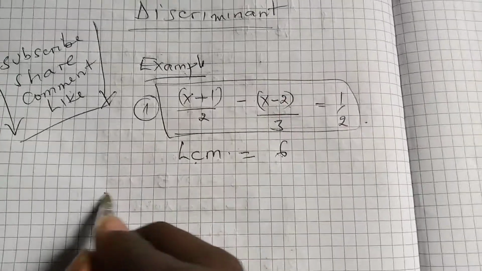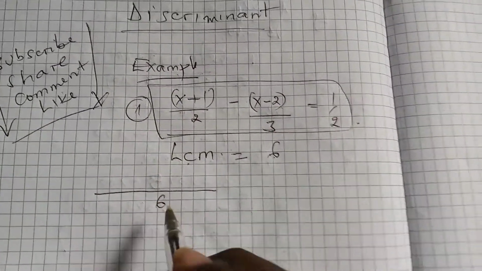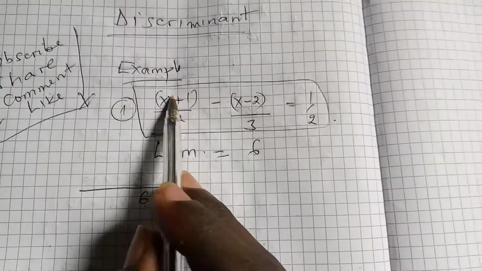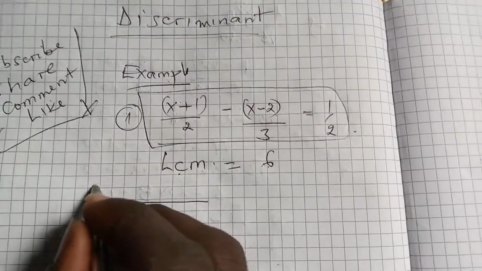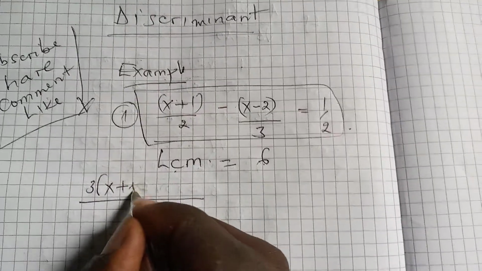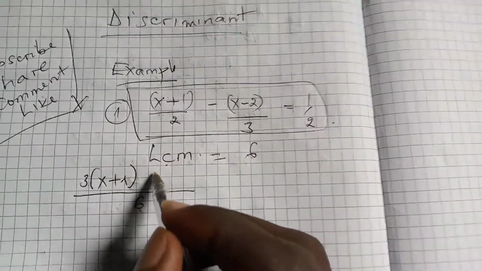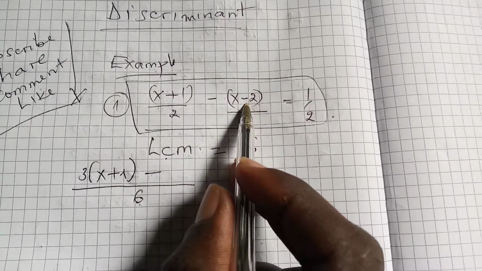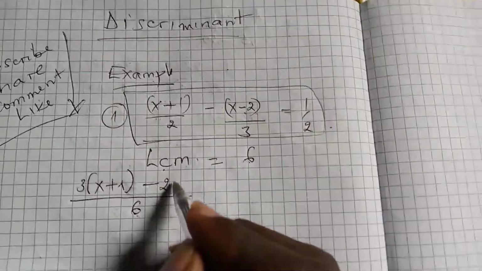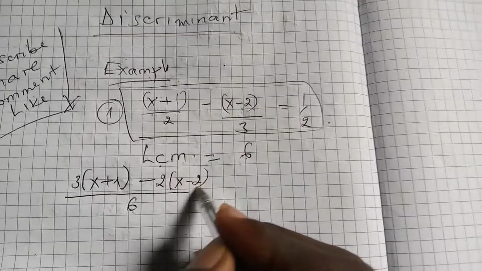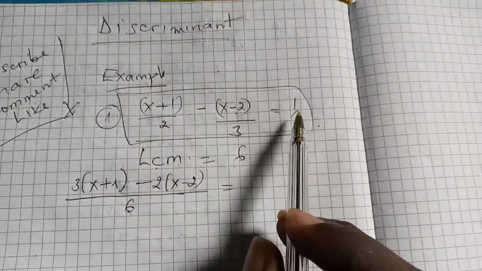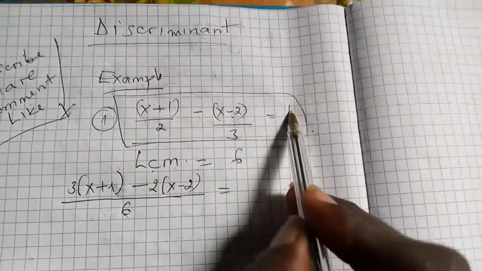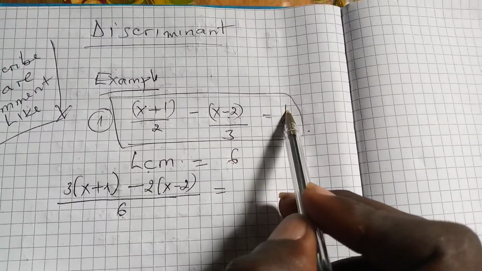Then this will be equal to common denominator 6. 6 divided by 2 will be equal to 3, then times this numerator will be equal to 3 bracket x plus 1. Then minus 6 divided by 3 will be equal to 2, then multiplied with this numerator will be equal to bracket x minus 2, which is equal to 6 divided by 2 will be equal to 3, then times this one will be equal to 3.